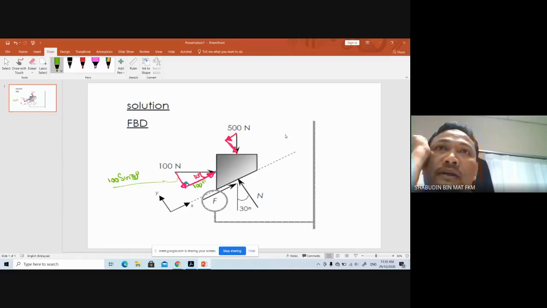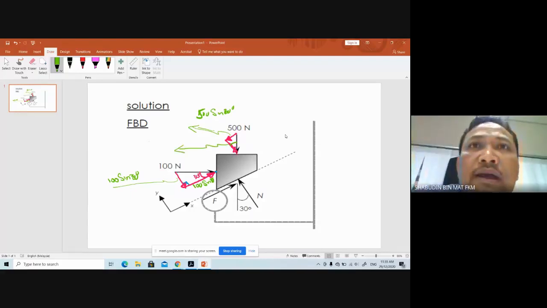Okay, so that component is, no, 500. That one is 500 sine 30 degrees. That component is 500 cos 30 degrees. And then you resolve it into X and Y and so on.